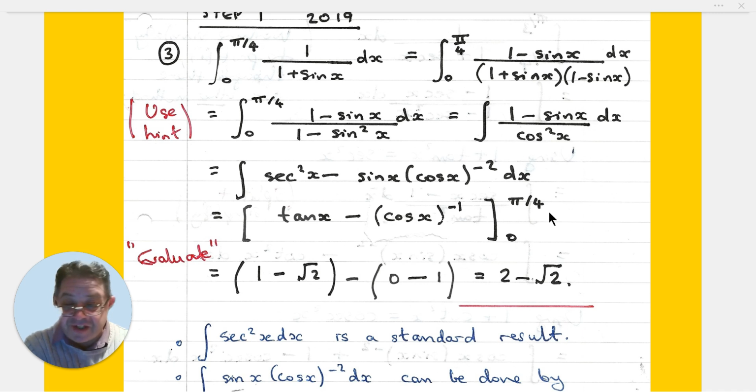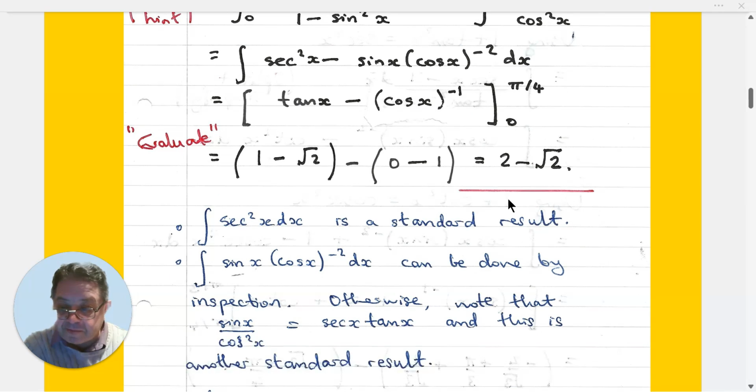There's no calculator, no formula sheet, but tan of pi over 4 is 1, and cos of pi over 4 is 1 over root 2. Tan of 0 is 0, and cos of 0 is 1, so we get 2 take root 2. The question was evaluate, and we've done that.